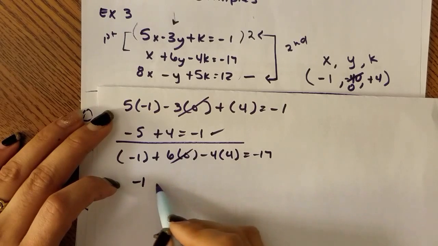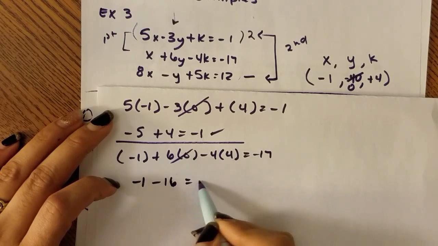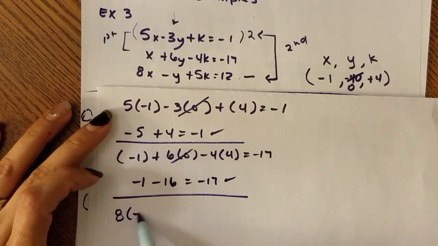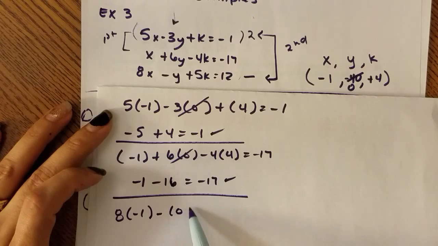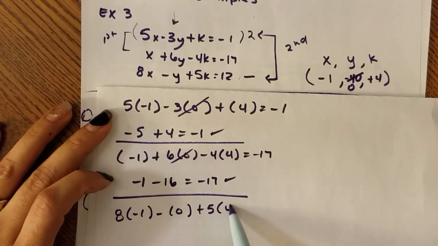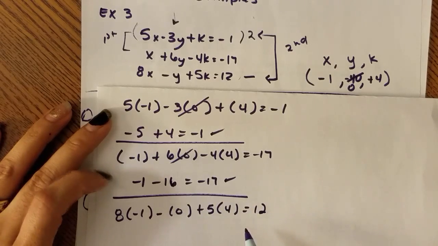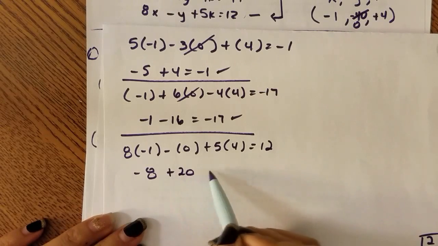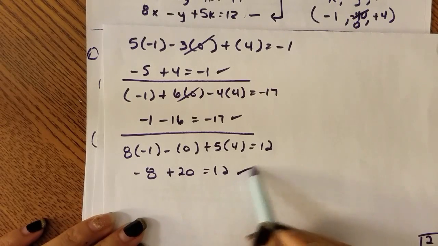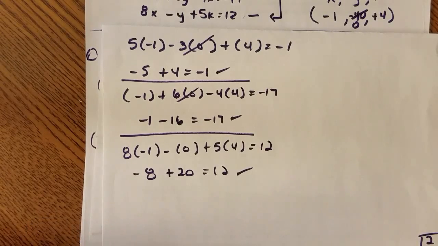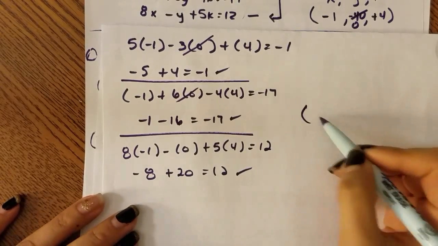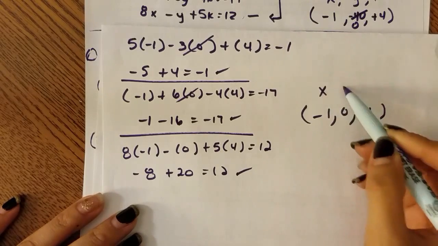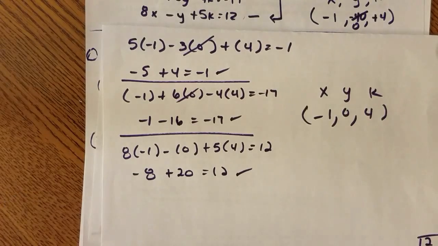Negative 1 minus 16 equals negative 17, true statement. 8 times negative 1 minus 0 plus 5 times 4 is equal to 12. Negative 8 plus 20 equal to 12, true statement. Okay, so our work is correct. Our solution is negative 1, 0, 4 for x, y, and k.